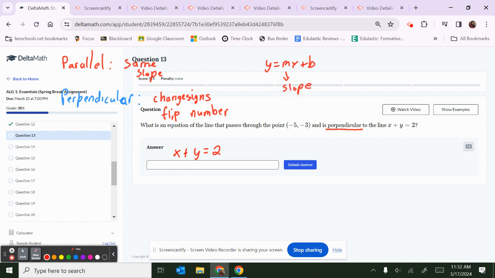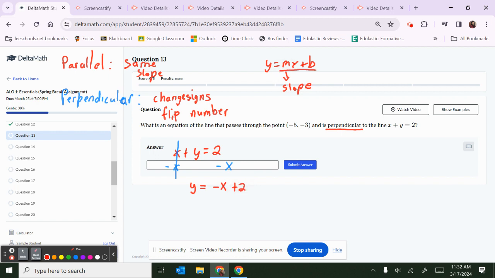So what we're going to do first, guys, is move my x to the other side by subtracting x. That will get canceled, and my positive y, I bring down. Can I subtract x from 2? No. So I write it as a negative x and a positive 2. So it looks a little more like my general form.